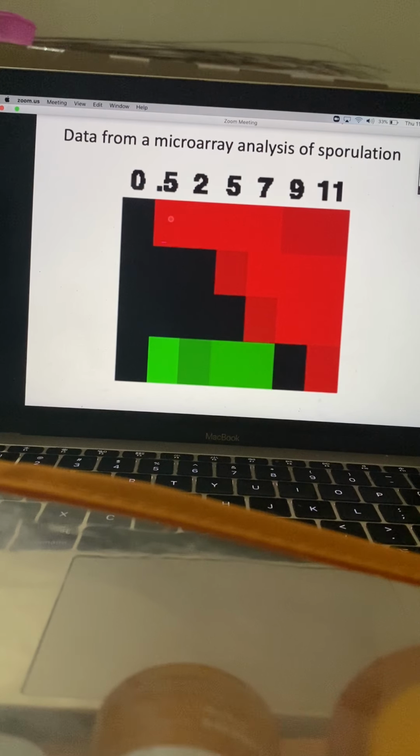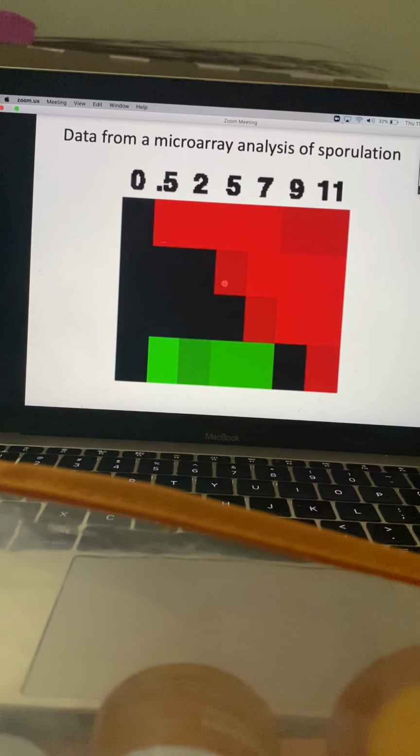Okay, so here is a representation where you can see that there are some shades of red. So each of these represents one gene, and these are the time points. And here you can see that this gene is expressed and its expression is maintained constant, but then it starts going down.